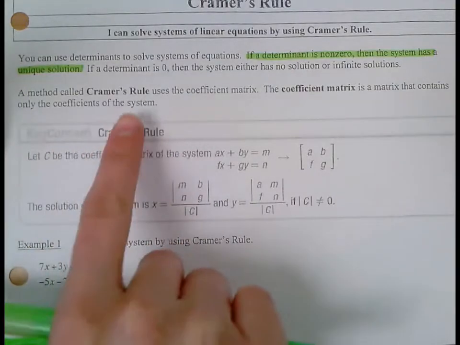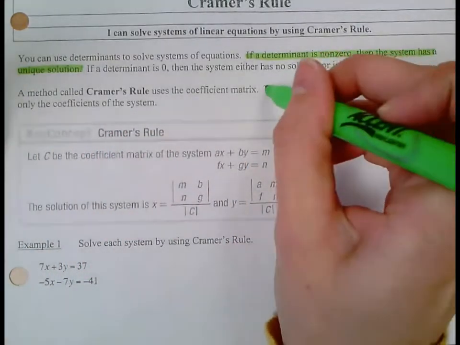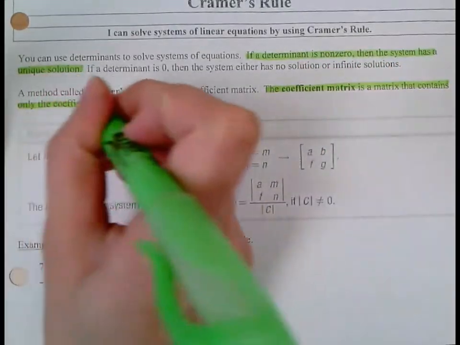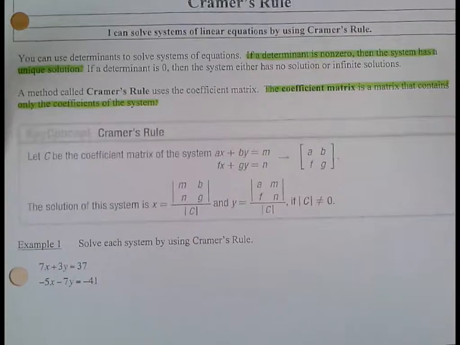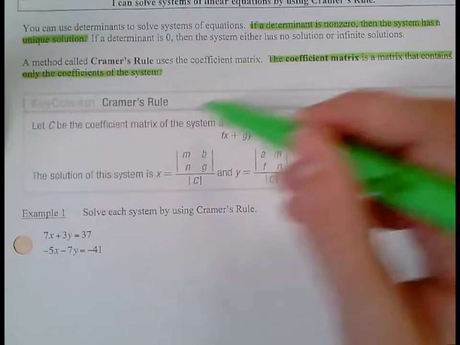So Cramer's rule uses what's called the coefficient matrix. And the coefficient matrix is a matrix for a system of equations that contains only the coefficients of the system. And remember, coefficients are the values in front of variables. So Cramer's rule, you do not have to memorize the formula.